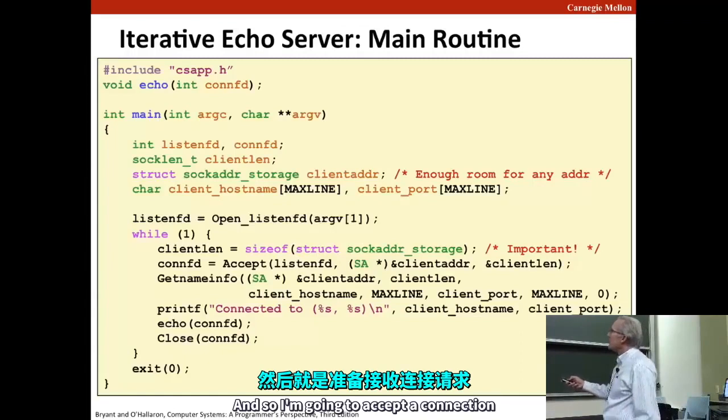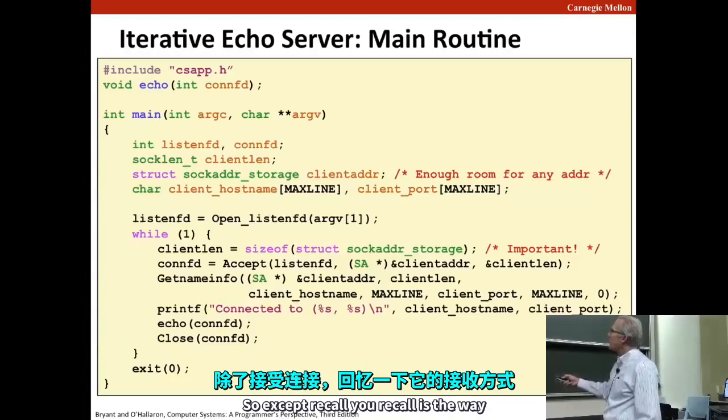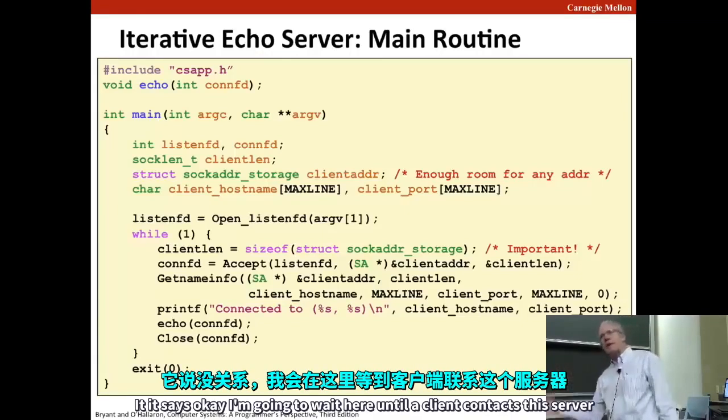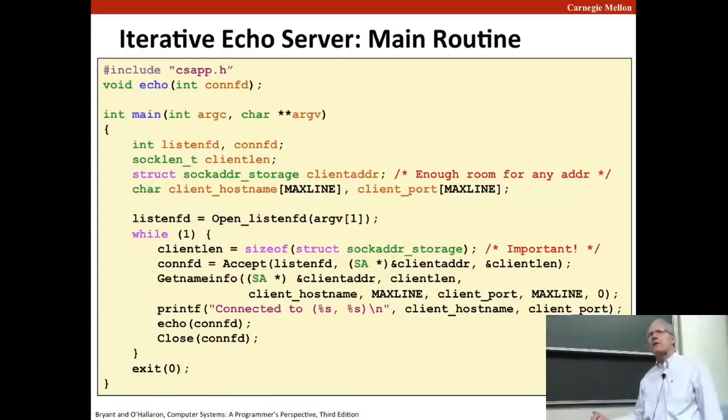And so I'm going to accept a connection. So accept, you recall, is the way it says, okay, I'm going to wait here until a client contacts this server. So you make a call to accept, and it will just hang until that contact occurs.